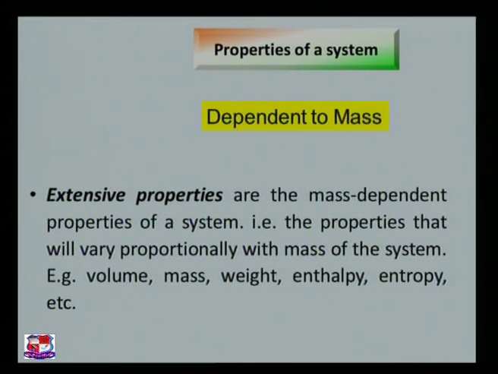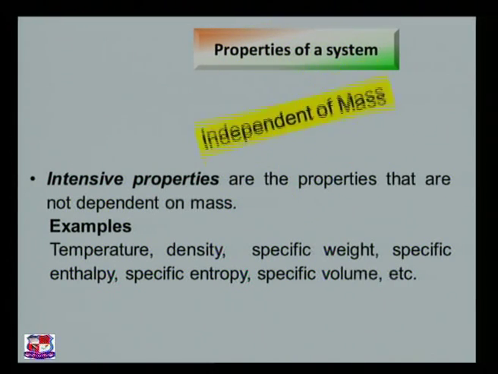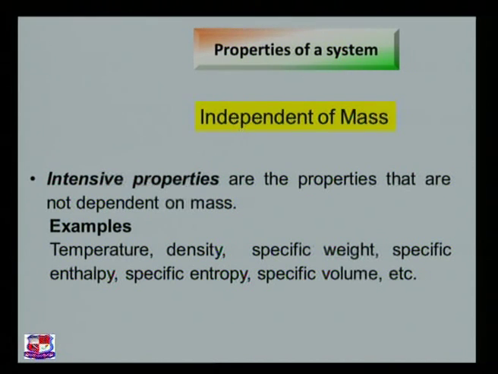That is, the properties that will vary proportionately with the mass of the system. For example, volume, mass, weight, enthalpy, entropy, etc. So it varies with its mass. And second is intensive property. So intensive properties are the properties that are not dependent on mass, or we can say intensive properties are independent of mass.